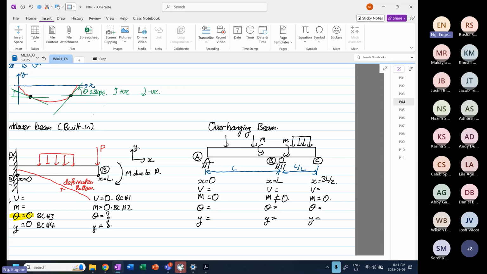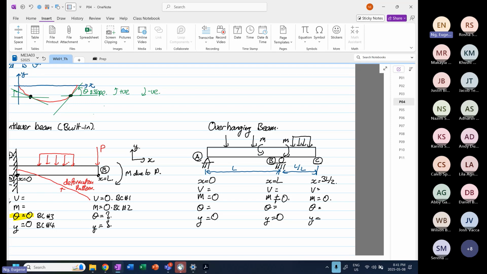For the slope, we don't have a clue, but for y we know. When x is equal to 0, y is equal to 0. When x is equal to L, y is equal to 0.